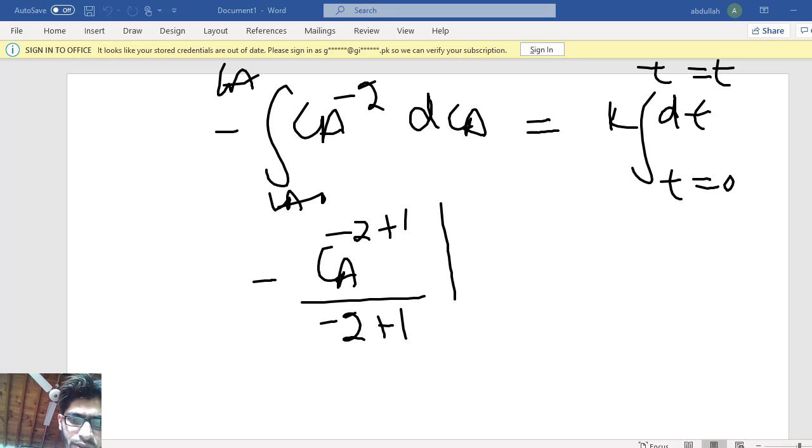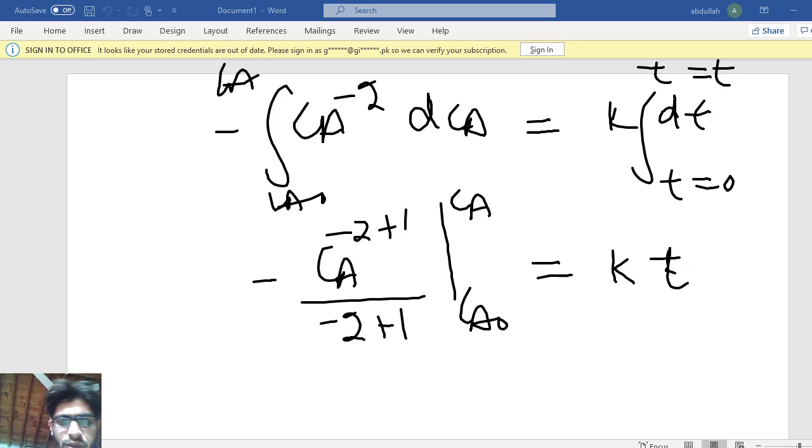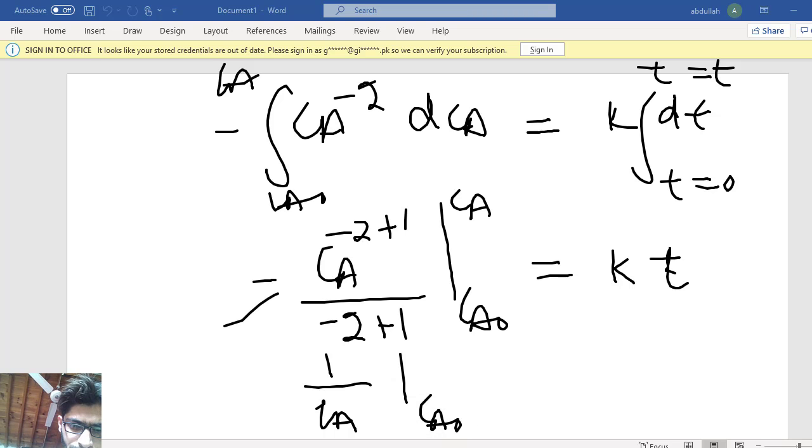Then apply the limits C_A naught to C_A, which is equal to kt. Since this is minus, we will get 1 over C_A. After simplification, we get 1 over C_A, with limits C_A naught to C_A, which is equal to kt.